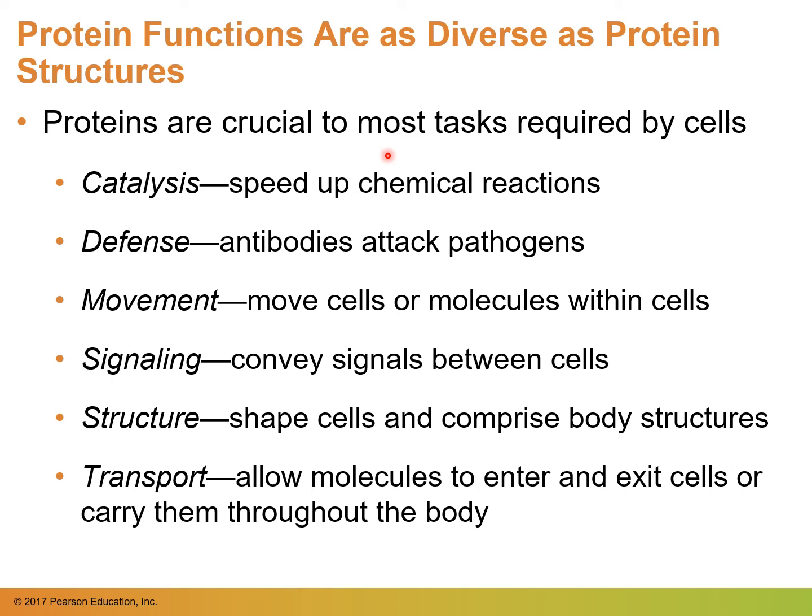Okay, the first and most common example of protein function is referred to as the catalyst. Okay, these are referred to as enzymes as well, but this is going to be the process of speeding up chemical reactions. Okay, so this is when we're going to see the chemical process kind of go upward, right? And we're going to be able to produce more chemical reactions than we normally do.